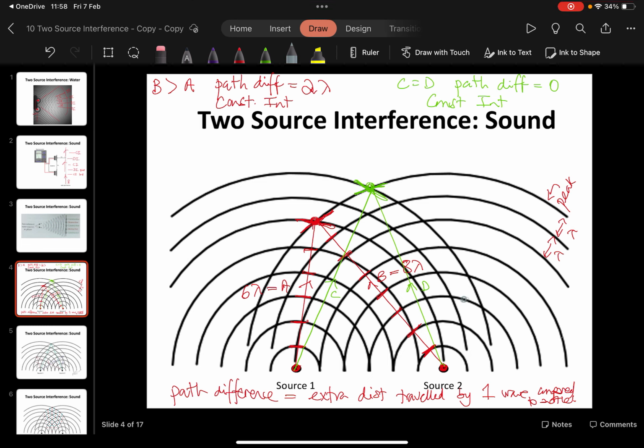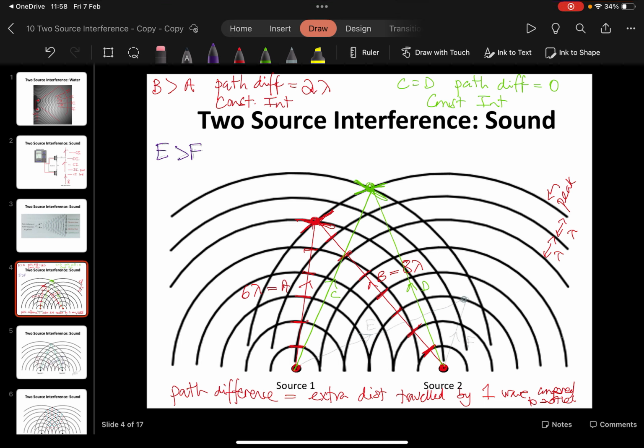Okay, so there's the distance travelled from one source. There's the distance travelled by the other source. I'm going to call that E, and I'm going to call that F. Okay, obviously E is greater than F. Shall I just change colour because that looks like it might be quite difficult to see.